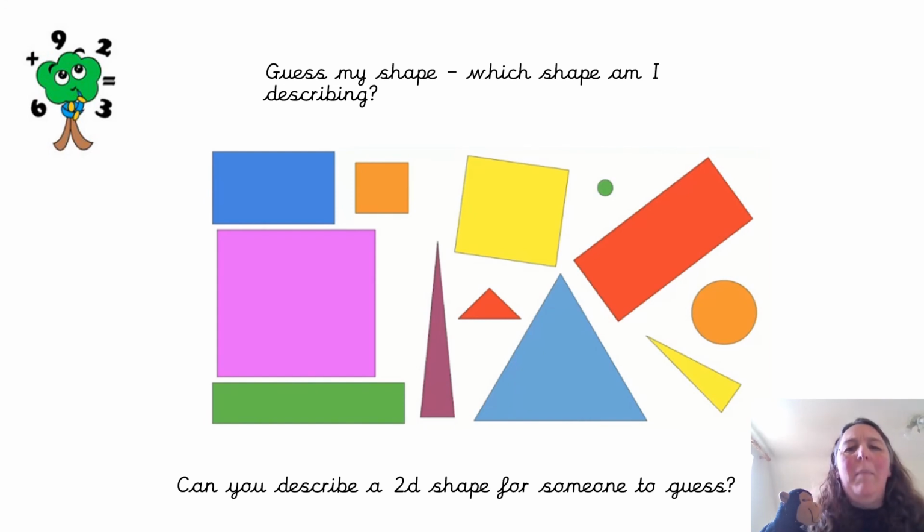And this shape is orange. Can you guess? Do you think it's this orange shape just here? No, because the sides on this shape are straight. We're looking for an orange shape with no vertices. This one just here. The orange circle.